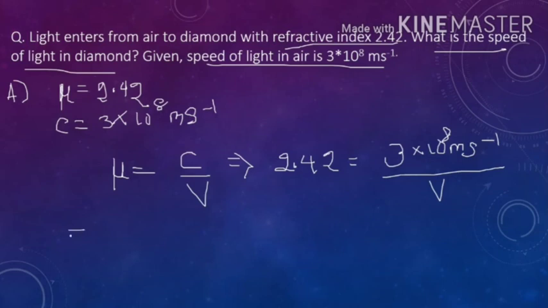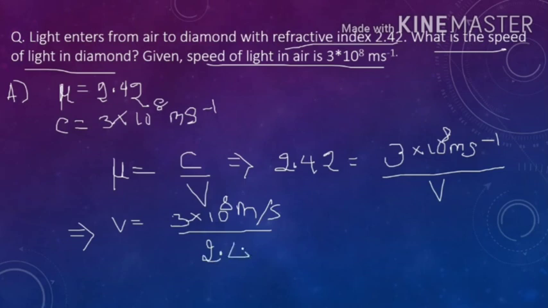This means we will get the value of V equals 3 into 10 to the power 8 meters per second divided by 2.42.